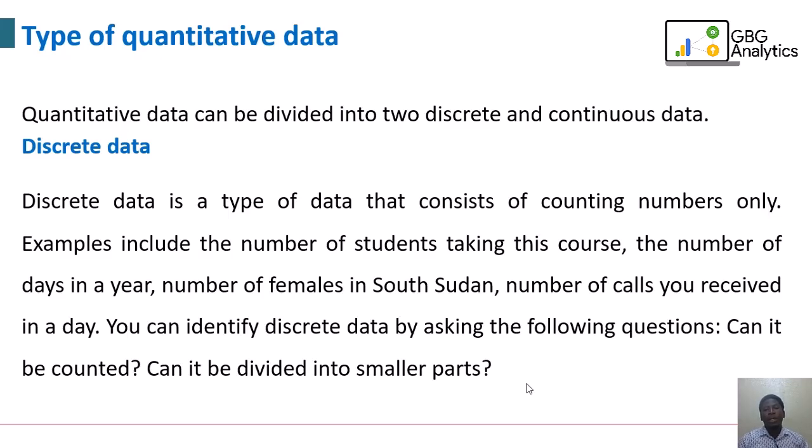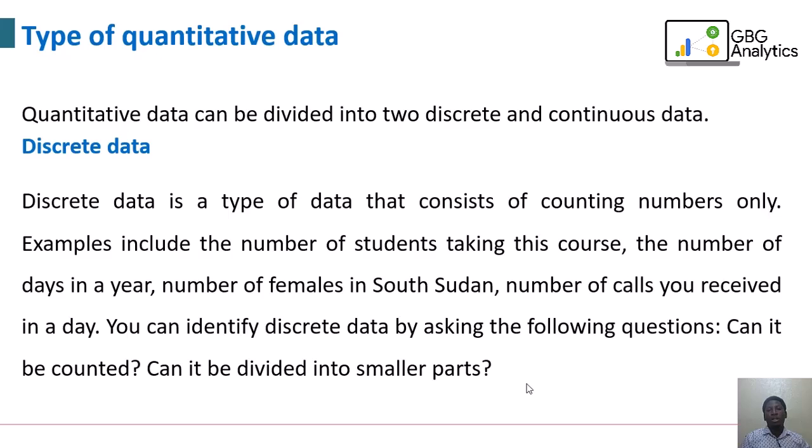Discrete data is a type of data that consists of counting numbers. For example, the number of students taking this course, the number of days in a year, the number of females in South Sudan, or the number of calls you receive on a particular day. As you can see, this kind of discrete data will not have any decimal point.